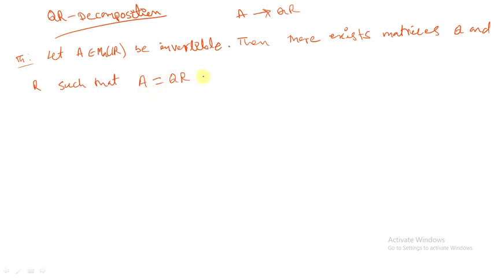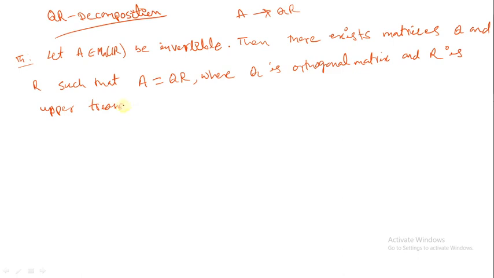This is our QR, where Q is an orthogonal matrix and R is an upper triangular matrix.